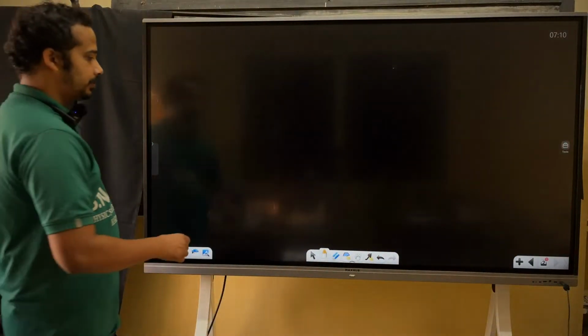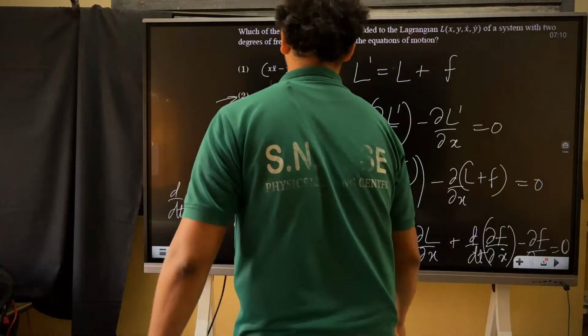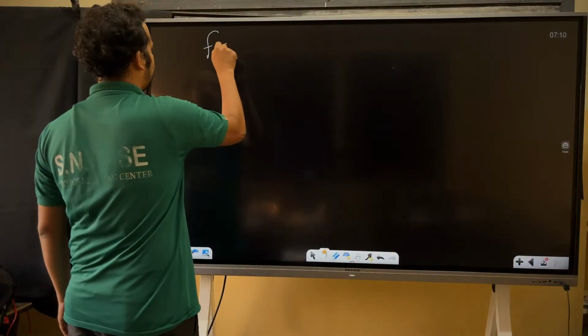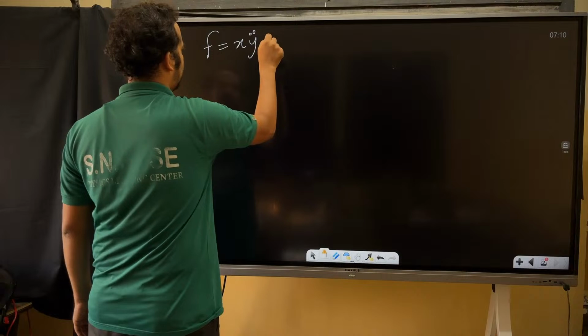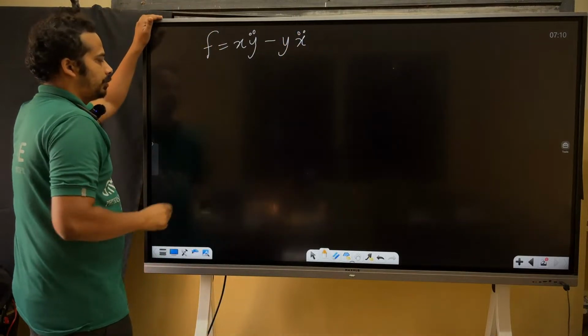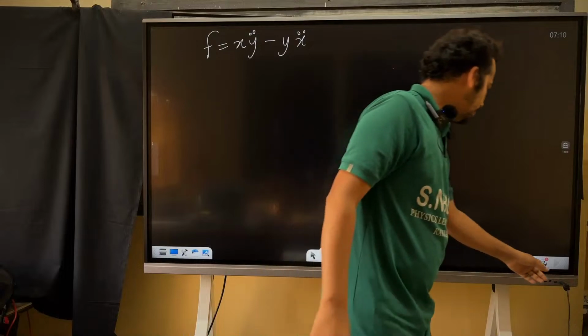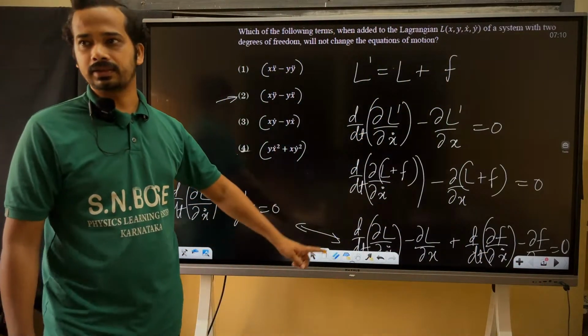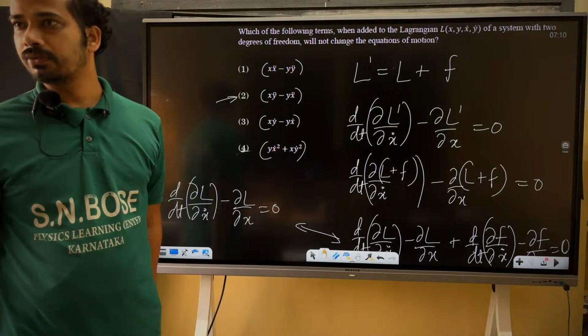What was option 2? F is equal to xÿ minus yẍ. Here I wrote only one of the differential equations, with respect to coordinate x. You have one more with respect to coordinate y.